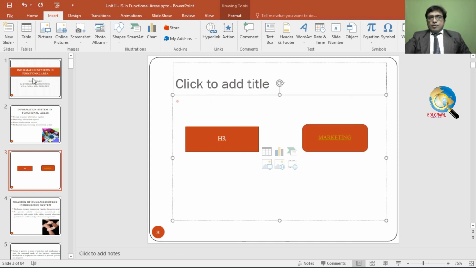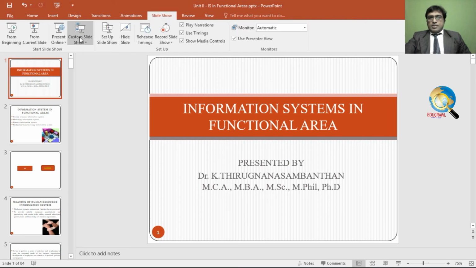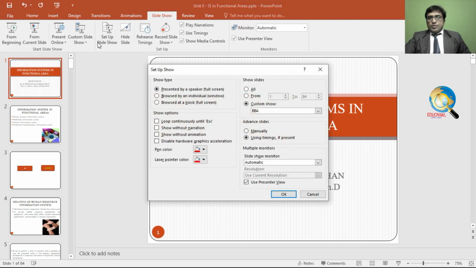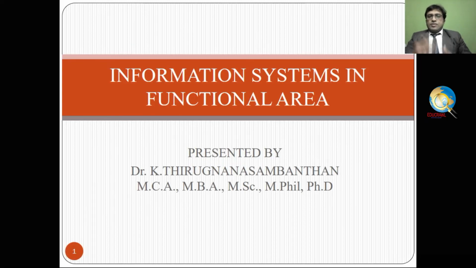Now I am going to start the presentation. Before starting the presentation, let us see in the setup show. I'm going to click all and click OK. Now I'm going to press F5. I have started the presentation for HR people.